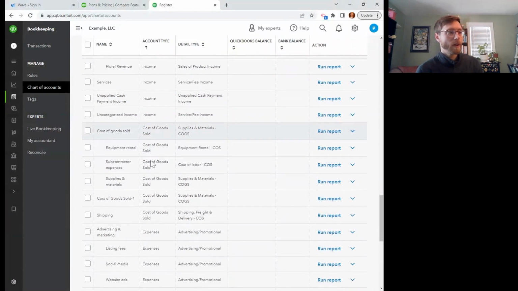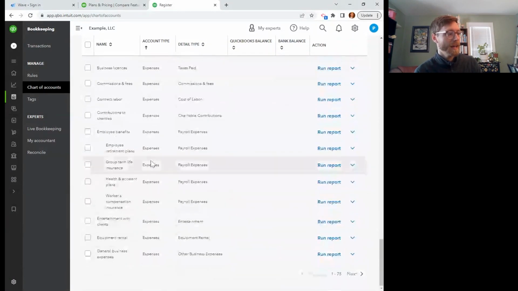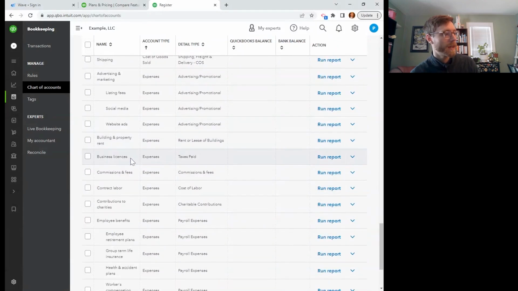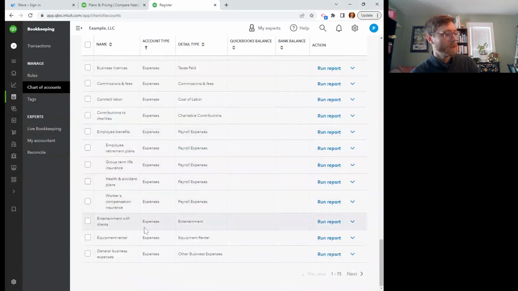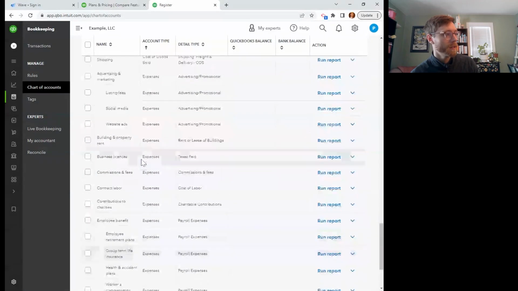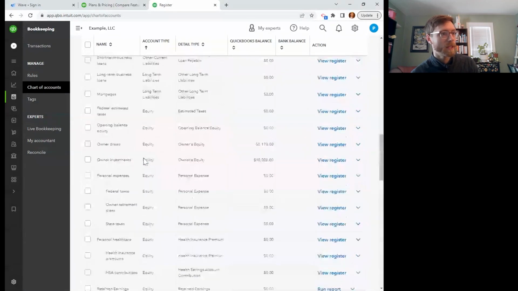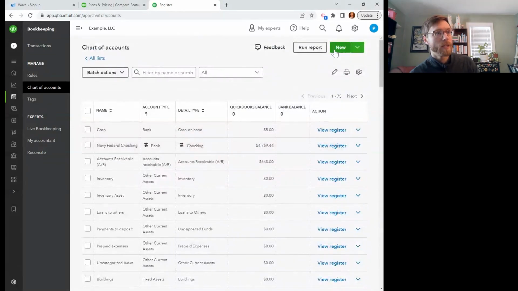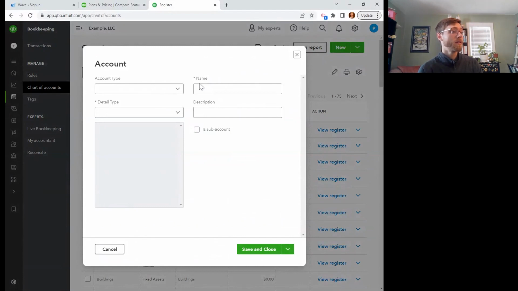All right, so if I wanted to add a new account, maybe an expense account to track something in particular, I can go all the way to the top and press New, and it's going to load in a second.